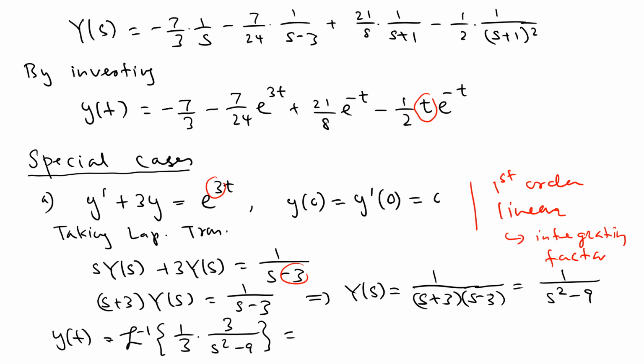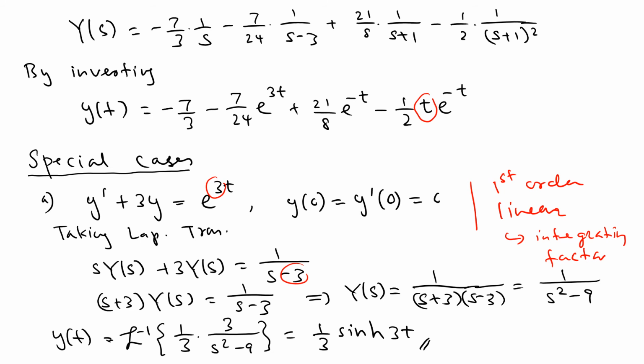So this is hyperbolic sine, so this is 1/3 sinh 3t. You can see you can just solve it quickly, even without finding the partial fractions. For this one you don't need the partial fraction technique because it's already there.